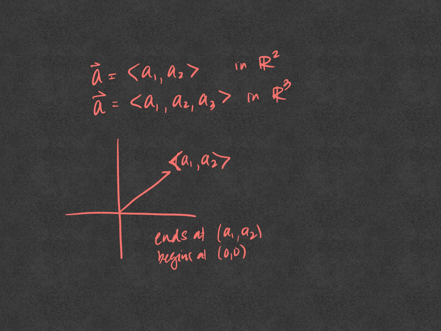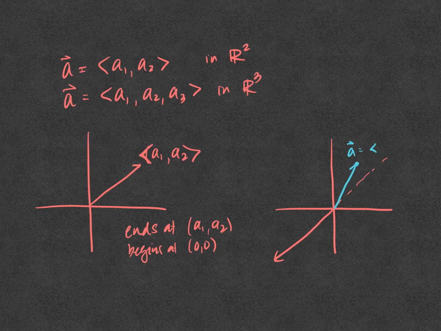And then in three space, you would have the same concept. So we have a1, a2, a3. I'm going to use a different color. So right here, we have a vector. This is A equals ⟨a1, a2, a3⟩. So we tend to do it either graphically or algebraically, but not both. Sometimes we'll do both to help us see it, but it's not as big of a deal.